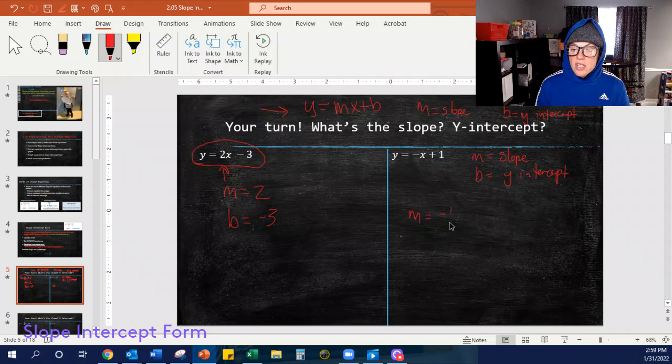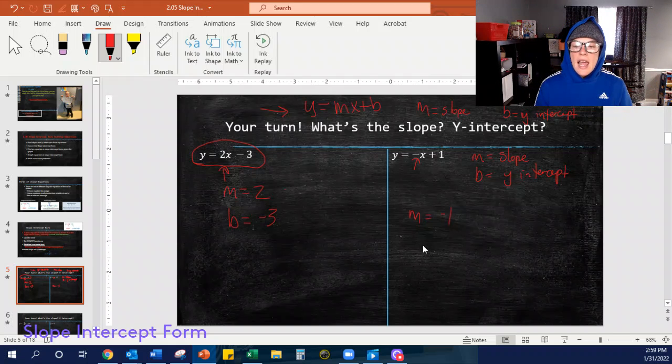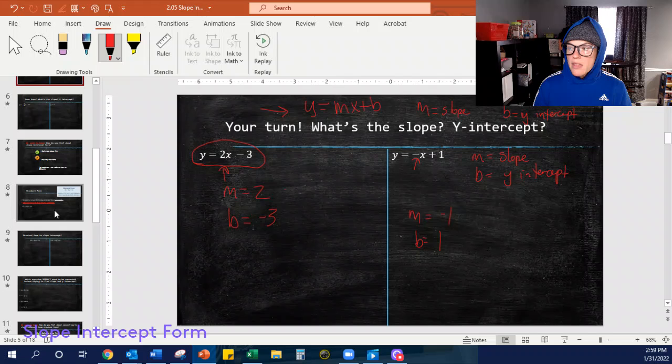So this is actually a negative 1, because it says negative x, so it's negative 1x. My slope is negative 1, so my line would be going downhill. And my b, or y-intercept, is 1, so the point (0, 1) is where it crosses the y-axis. So that was my quick little reminder about that.